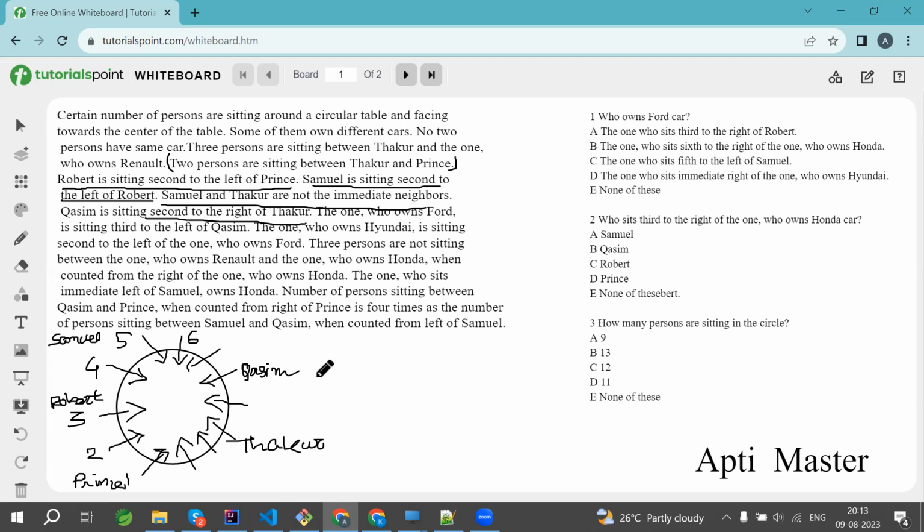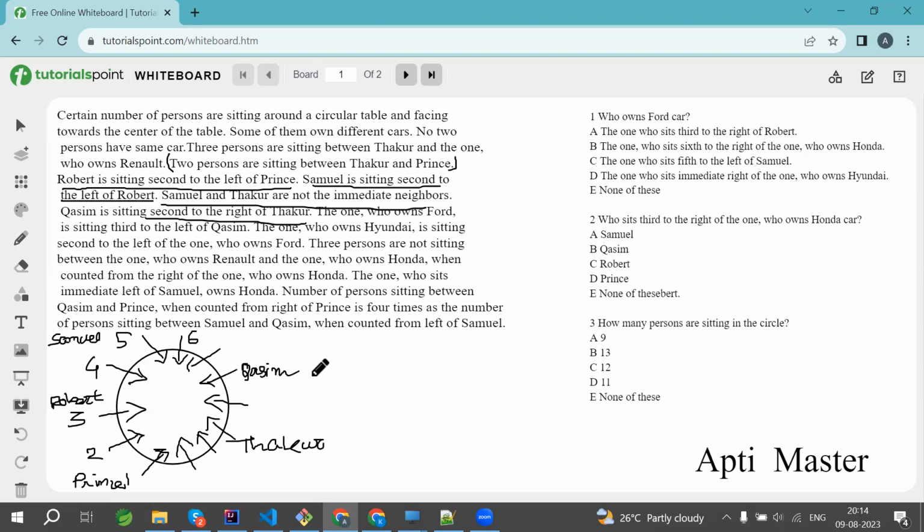It is also given that the number of persons sitting between Qasim and Prince when counted from the right of Prince equals 4 times the number of persons sitting between Samuel and Qasim when counted from the left of Samuel.